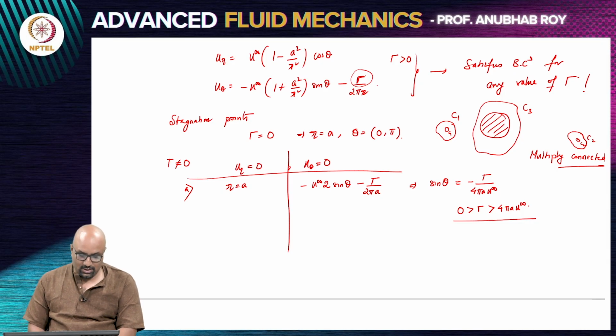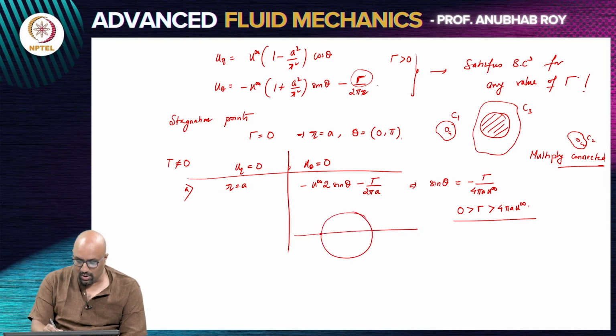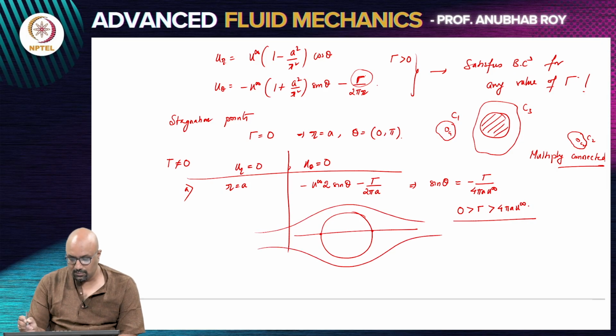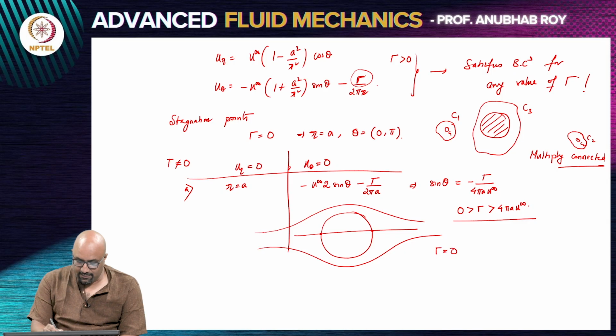So when the circulation is bounded by this value, what is happening here is initially you have these 2 points. The flow would arrive, this is for gamma equals to 0. The flow arrives and there are these 2 stagnation points at theta equals to 0 and theta equals to pi.